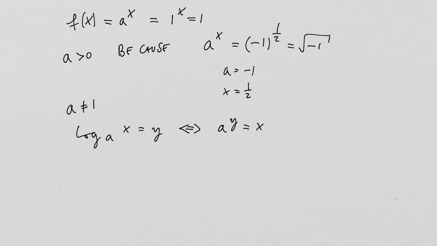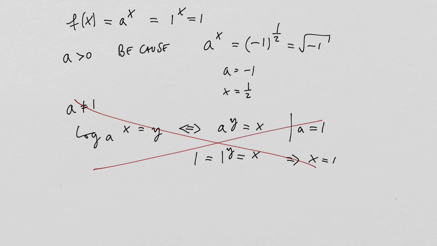If in the definition of a logarithm we would set a to be equal to 1, we would get in the right hand side that 1 to power y is x. So the only value of x what we could consider would be 1. This is not very interesting, so let's remove this case.